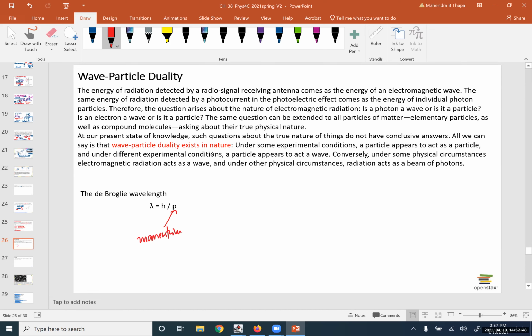So we can write lambda equals h over mv, mass times velocity. This is the de Broglie wavelength. They relate the wave phenomena and the particle phenomena.